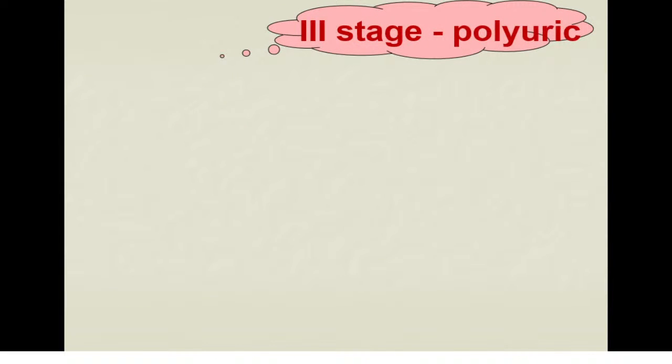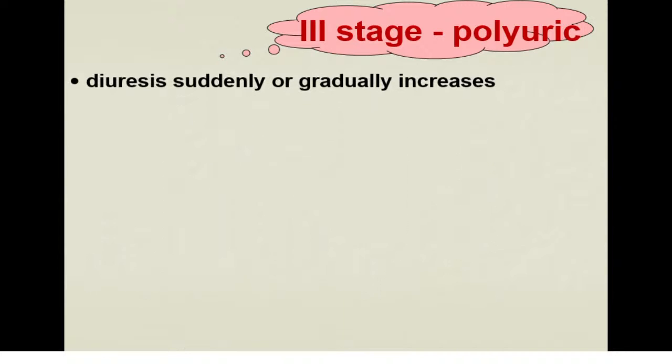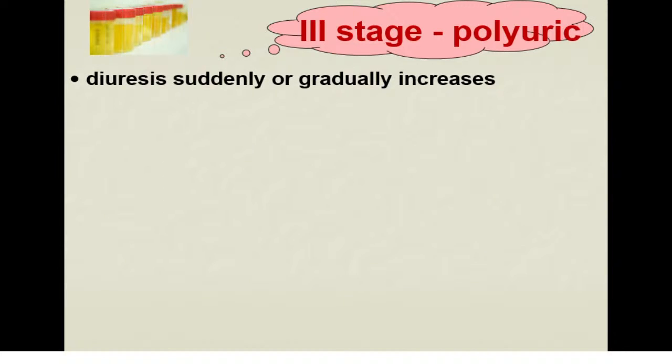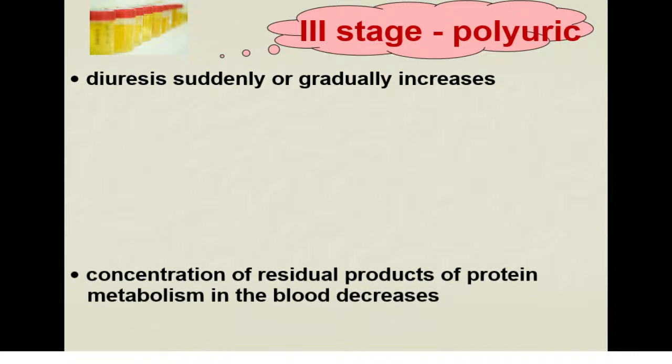Third stage, polyuric, which is positive effect of our preceded hemodialysis treatment, and it's manifested with comeback kidney to urination. Diuresis suddenly or gradually increases.